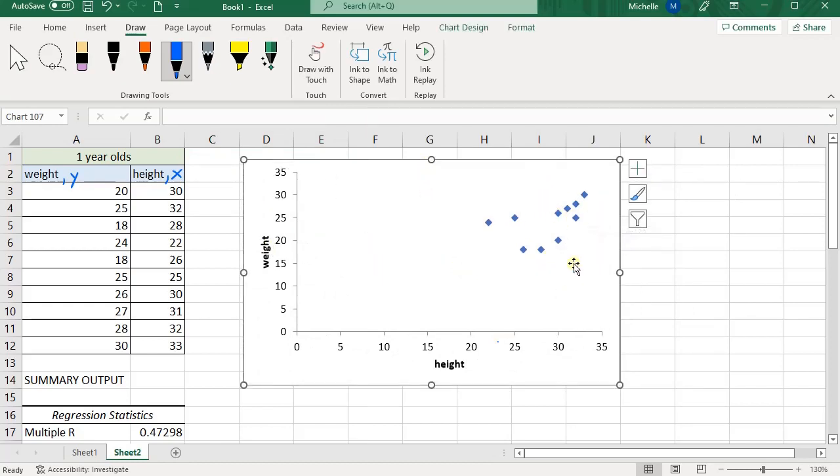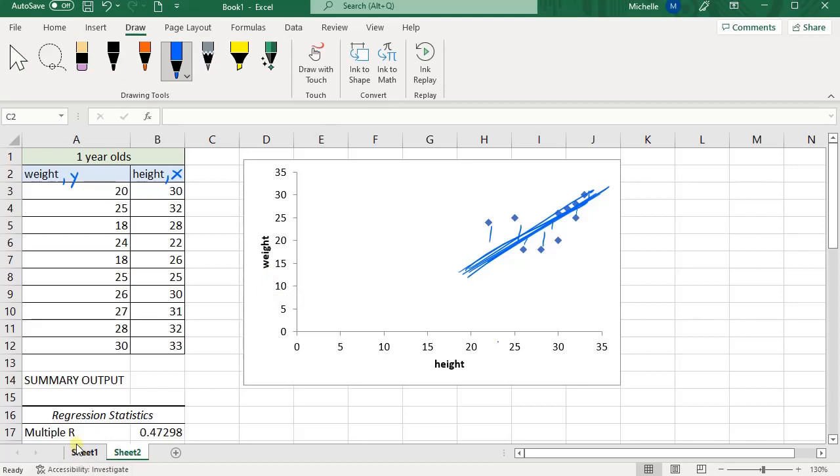But how good is height doing at explaining weight? Since these data aren't lining up exactly on the line, still there does appear to be some explanation that height is providing for why these different weights are occurring. How well is it doing?